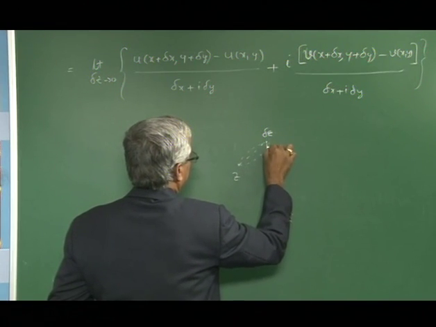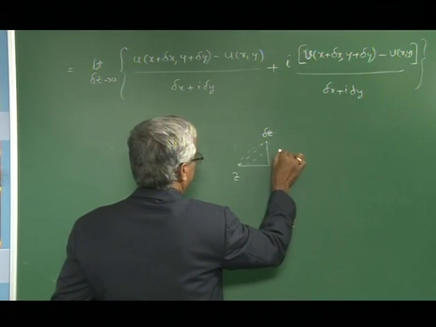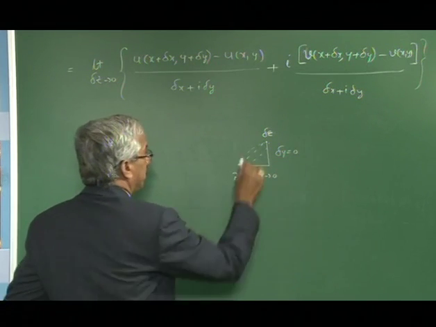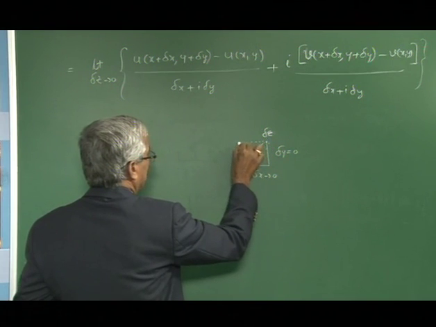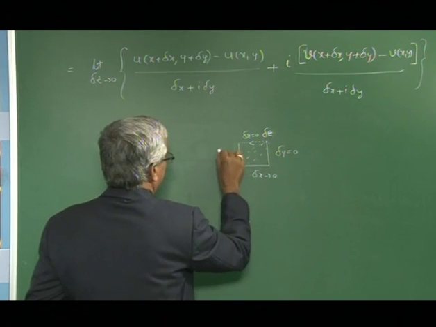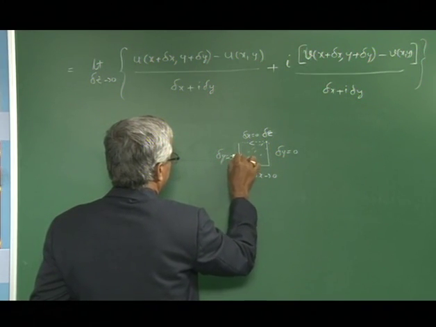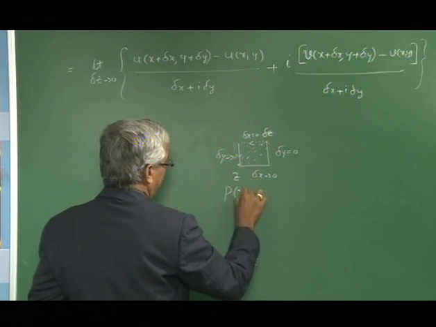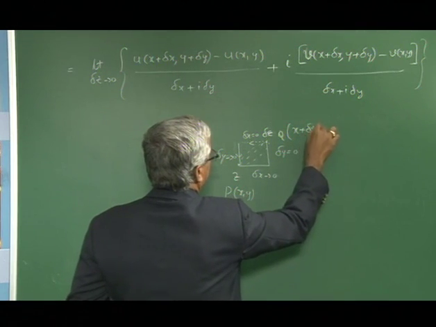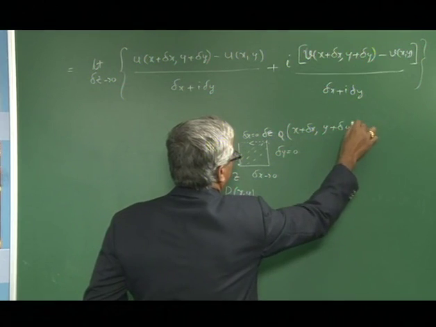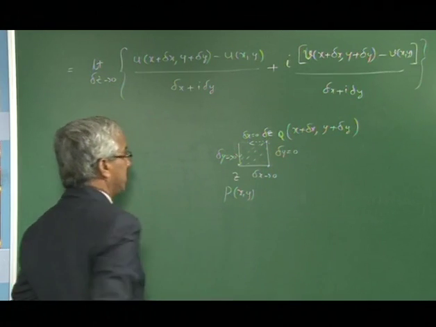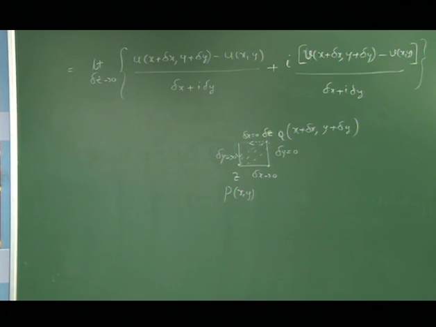Then I can take along this path first, for which delta y is equal to 0 and delta x tends to 0, and for this approach delta x is equal to 0 and delta y tends to 0. This is the point P of x comma y. This is the point Q of x plus delta x, y plus delta y. So this point is x plus delta x, y, and this is x comma y plus delta y.